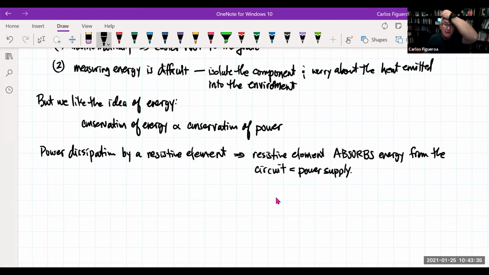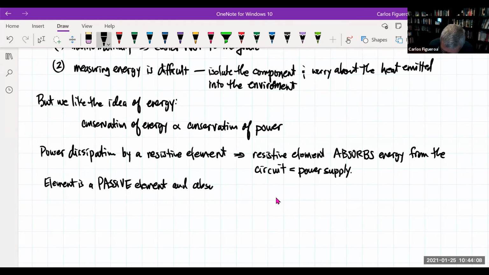In this case, if you're plugging it into PG&E, then you're using the outlet power supply to do that. When it absorbs energy, we then say that the element is a passive element. The element is a passive element and absorbs power.